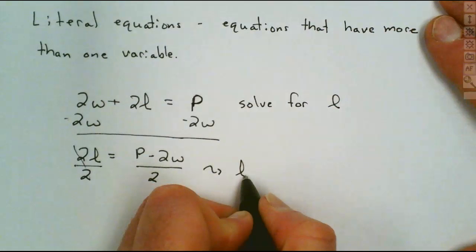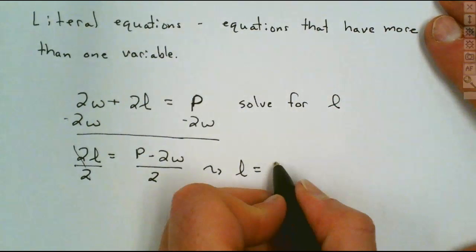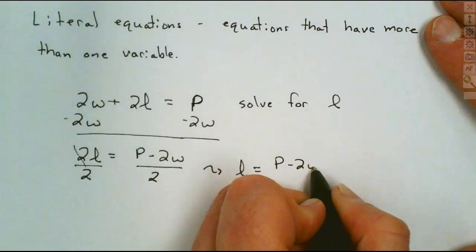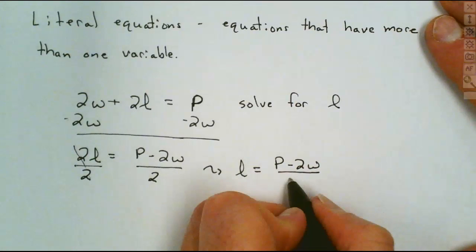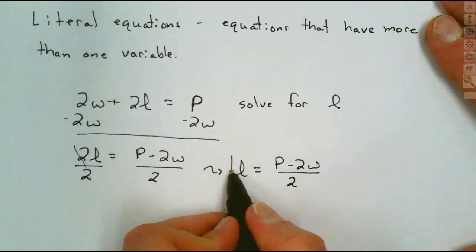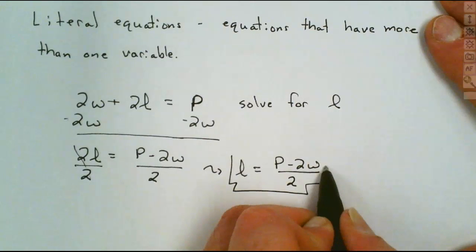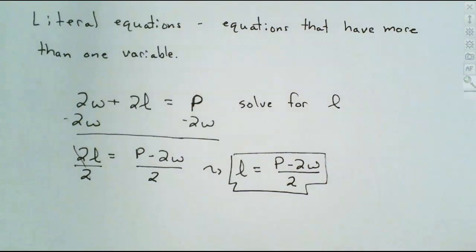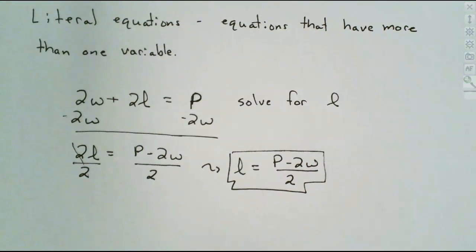And that then leaves you with L equaling P minus 2W over 2. And just keep it as one fraction, just like that. And how do we know we're done? We have solved it for the variable what? L, right? And L is by itself on the left-hand side.